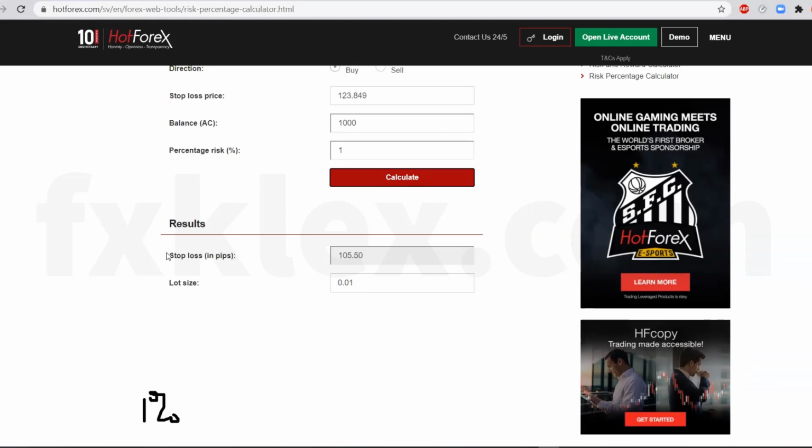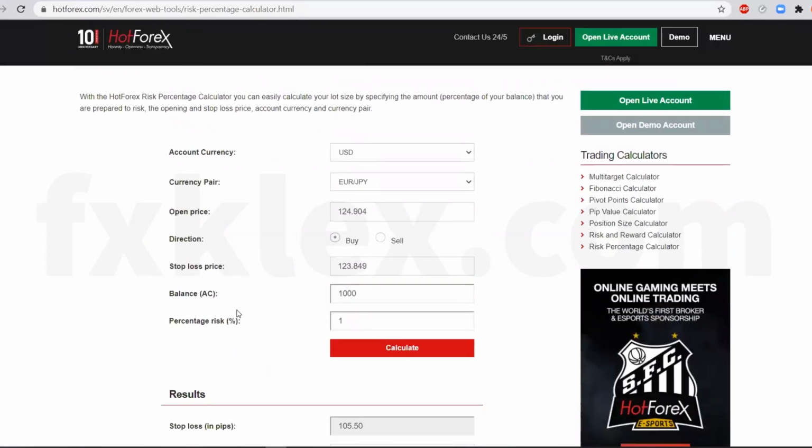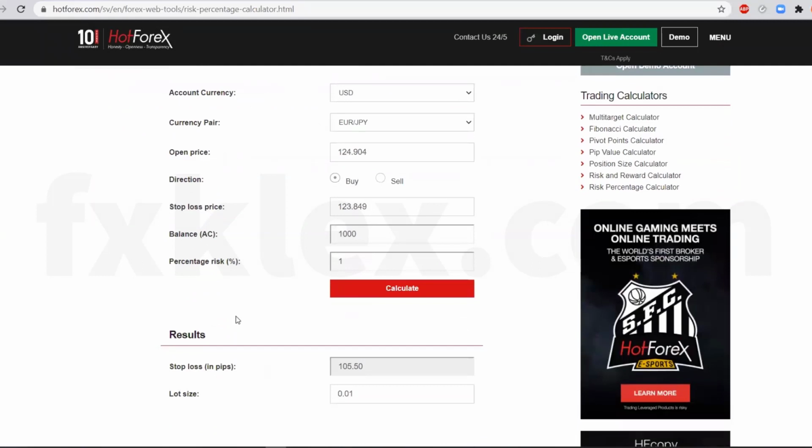So that means if this trade should go against you, you're going to lose just $10. So this is how you can implement the risk percentage calculator to detect how much lot size you should execute on each trade decision in the market. So is this clear now? Yeah. Okay, good.